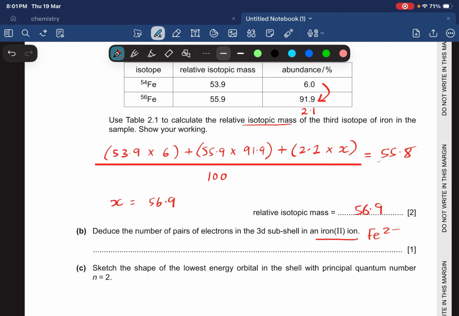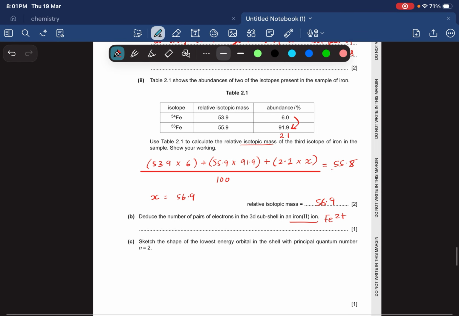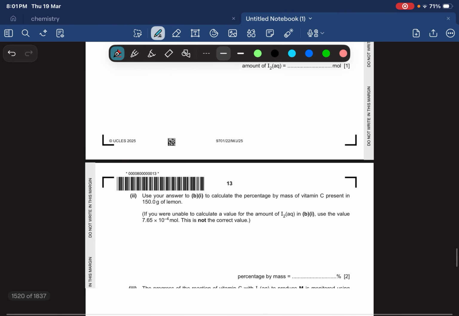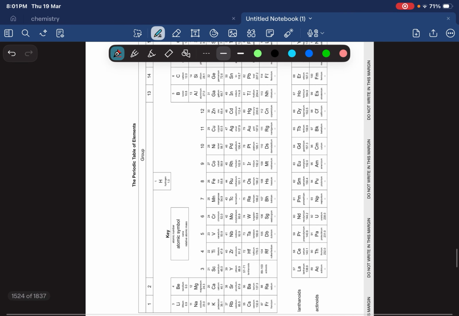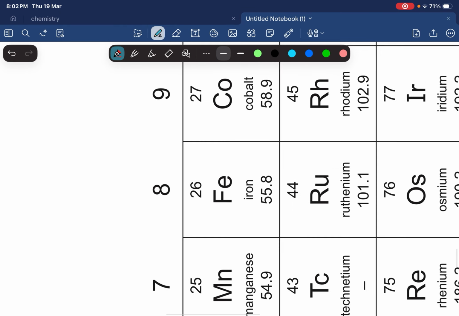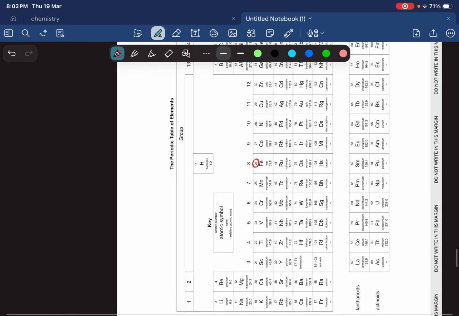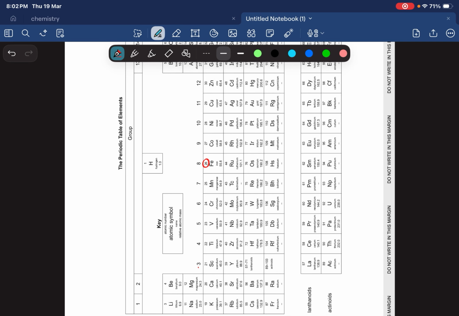Deduce the number of pairs of electrons in the 3d subshell of an iron 2+ ion, which means iron 2+, which has lost 2 electrons. So what are we going to do? We're going to go to the periodic table. Where is iron? This is iron. If you look over here, 3d1, 3d2, 3d3, 3d4, 3d5, 3d6.